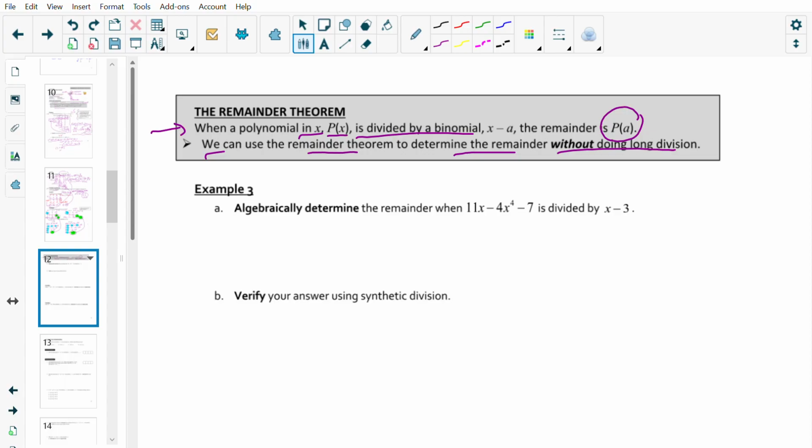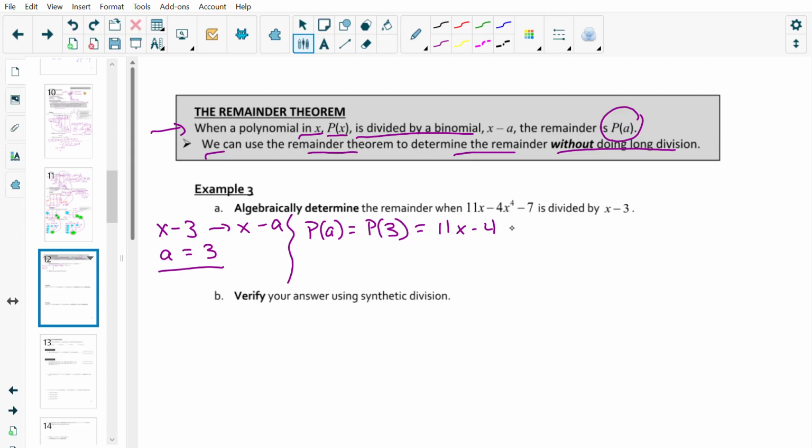Okay, example 3. Algebraically determine the remainder when 11x minus 4x to the fourth minus 7 is divided by x minus 3. So if my divisor is x minus 3, what does a equal? a equals 3, so be careful with that. So p of a equals p of 3, because that's our a value.